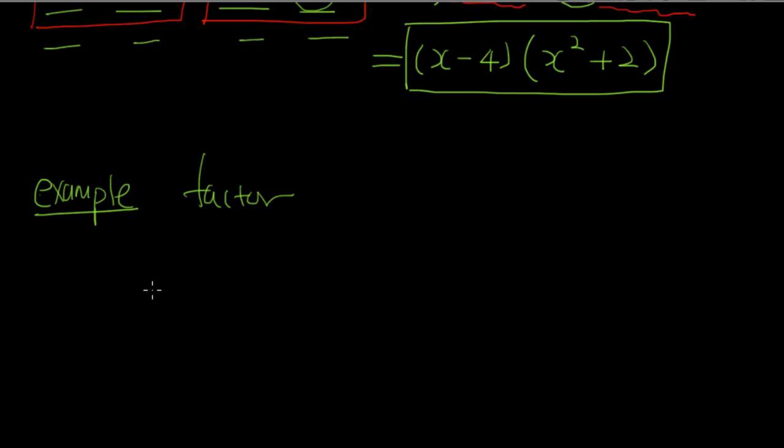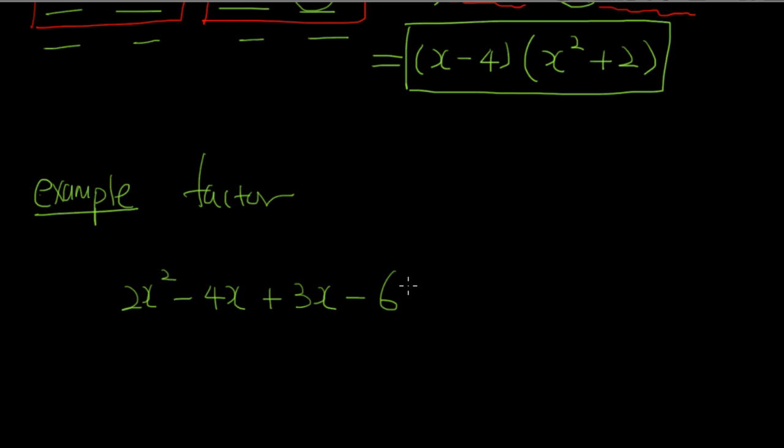Let's try to factor 2x squared minus 4x plus 3x minus 6. Okay.